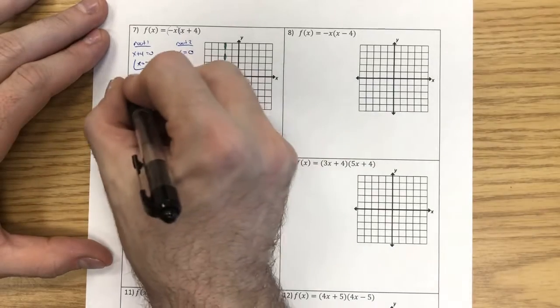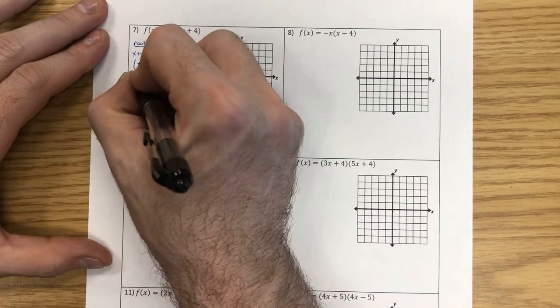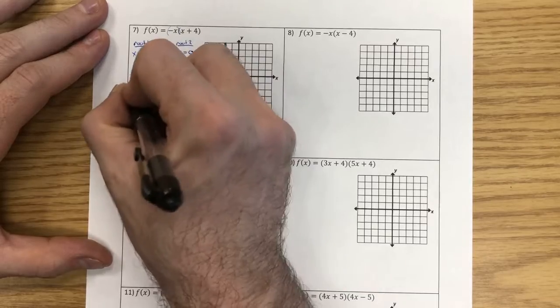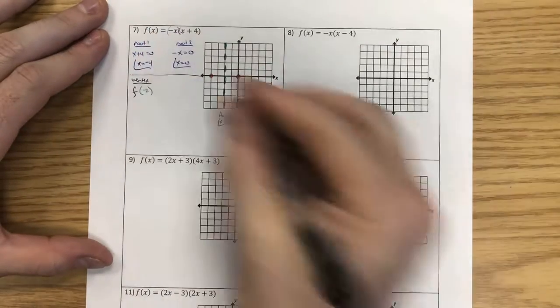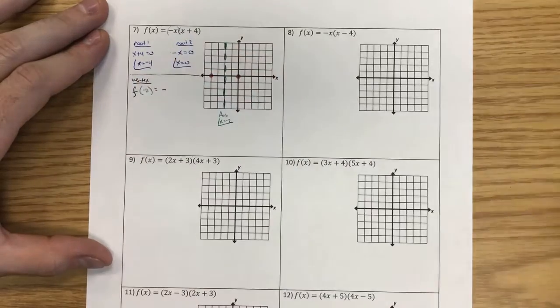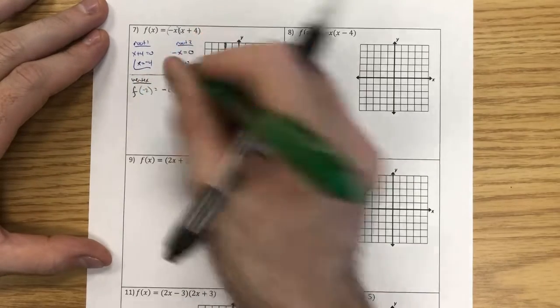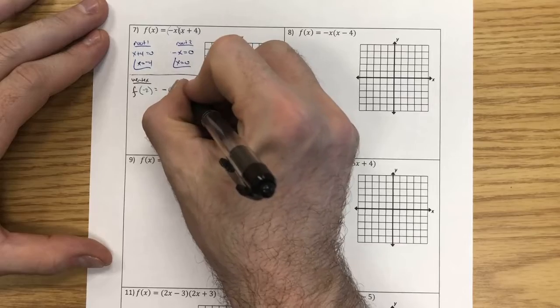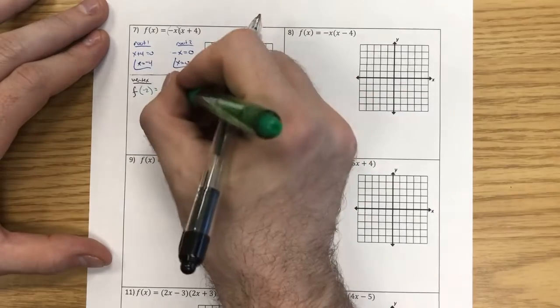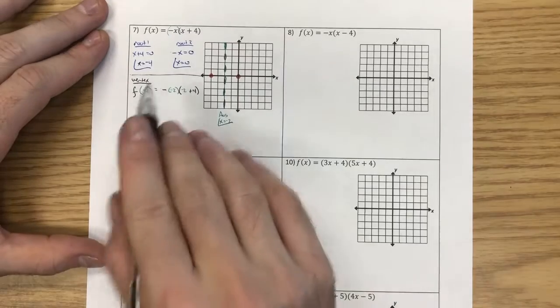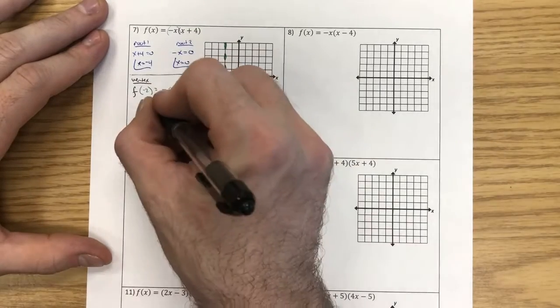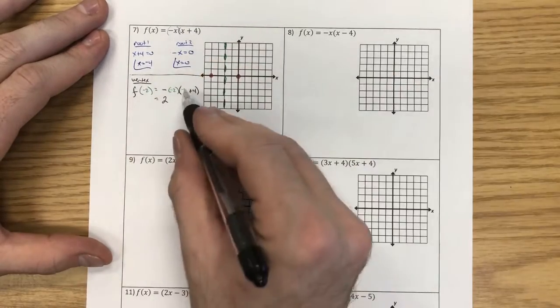So we're going to go ahead and plug in f of negative 2. So it equals a negative 2 times negative 2 plus 4. And I know a negative 2 is going to give me a positive 2.